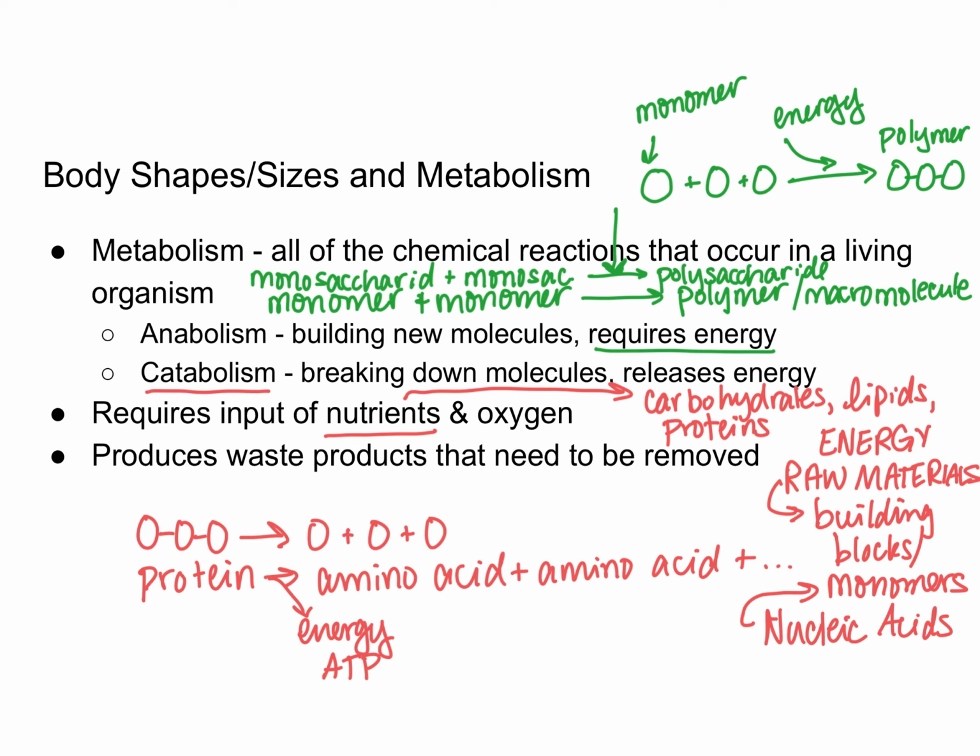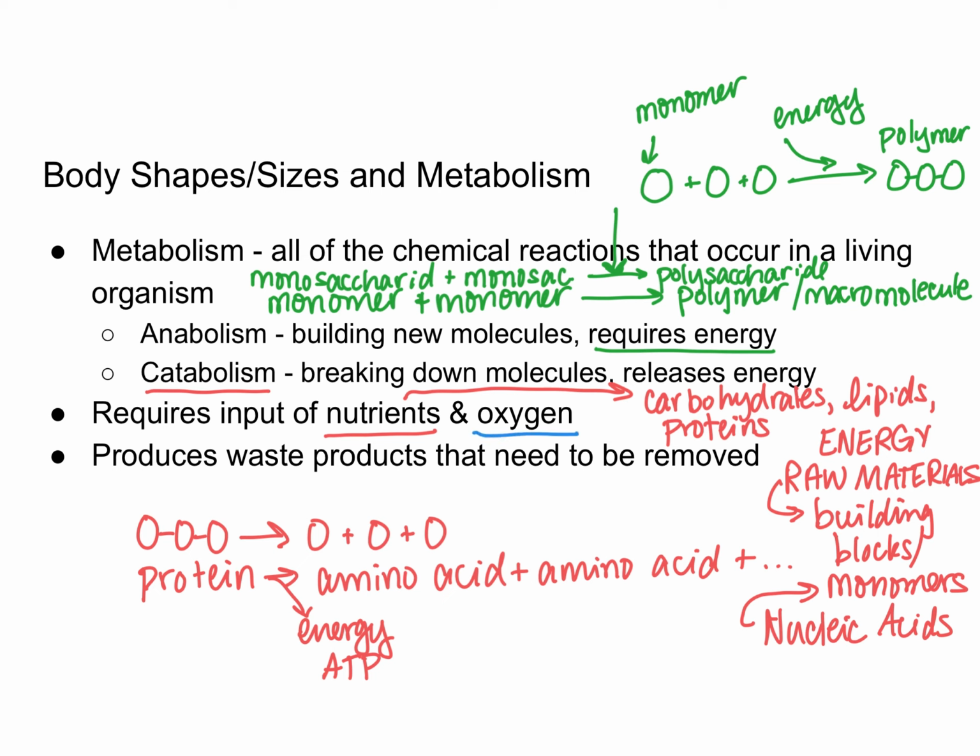But in order to make new DNA, the cells need nucleotides to make a new strand. You get those nucleotides from eating other living cells, breaking the nucleic acids down into their monomers, and then your cells put them back together to form a new strand of DNA.